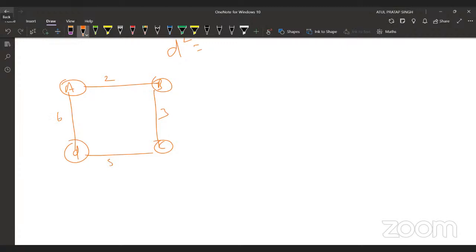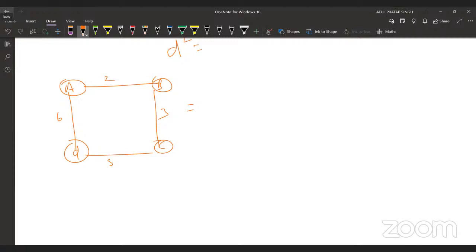So this is a connected graph. If we want to convert this into a spanning tree, we can remove any edge, but our tree should remain connected. All vertices should remain connected. So how many edges can we remove from this graph? Only one.